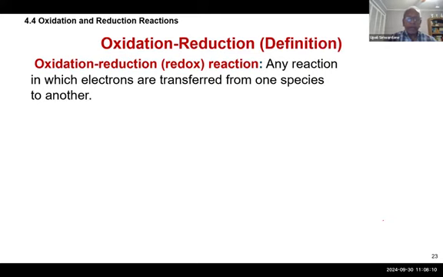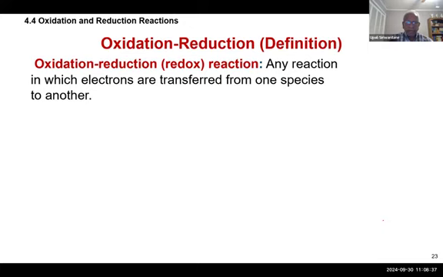I'm going to start on the oxidation reduction definition and continue from the next class period. Let me finish this. We said there are 3 types of reaction based on reactivity pattern. One was precipitation. We talked about precipitation reaction, solubility rules, how we write down the chemical equation for precipitation reaction.